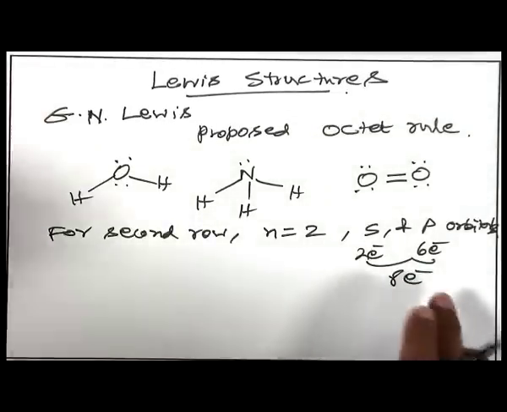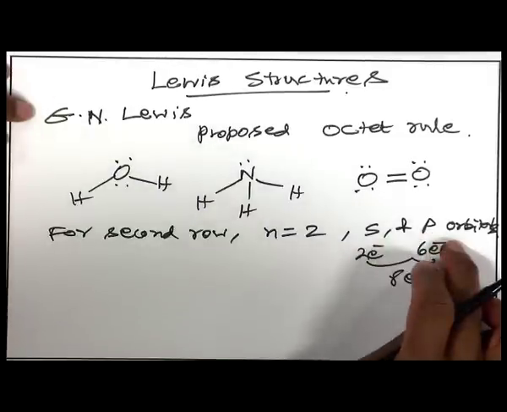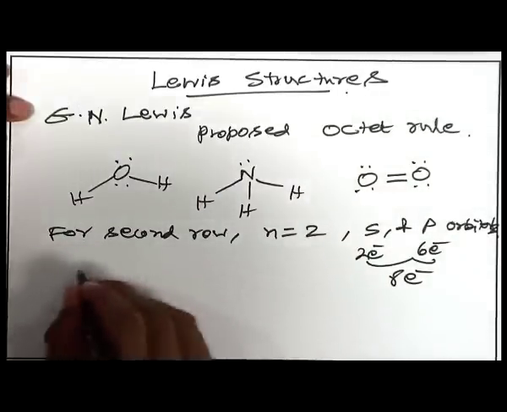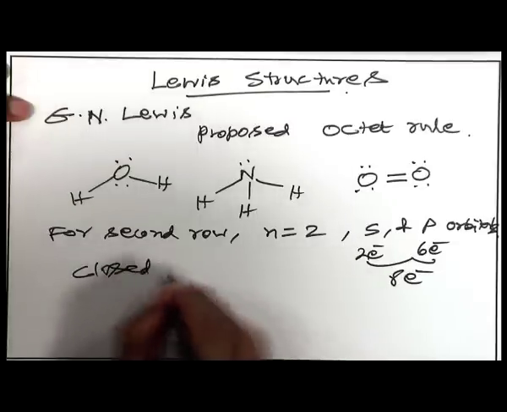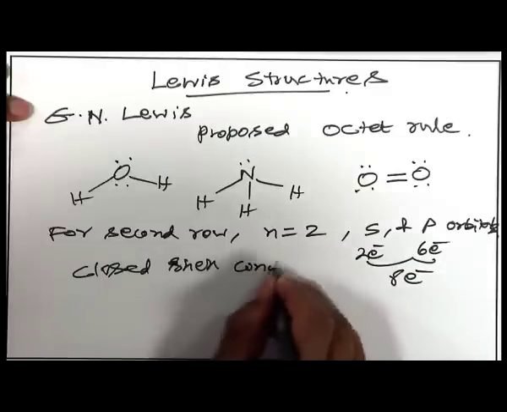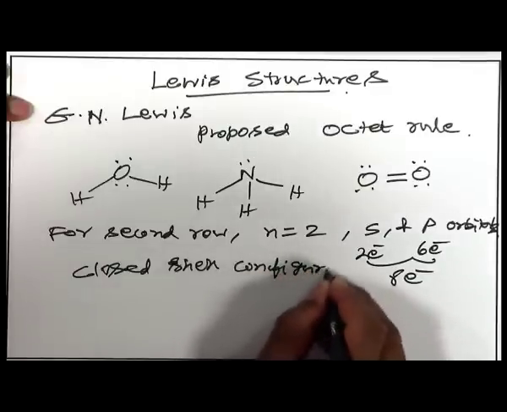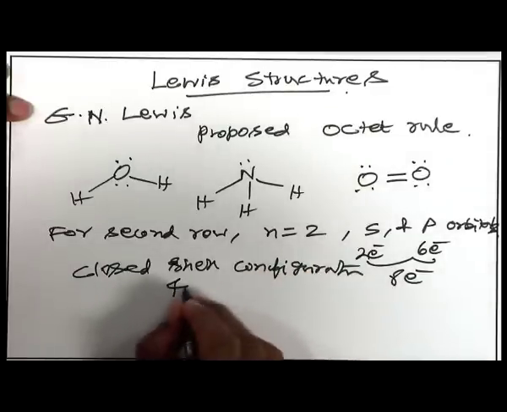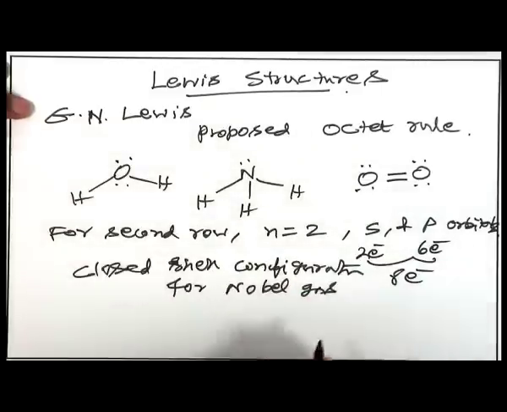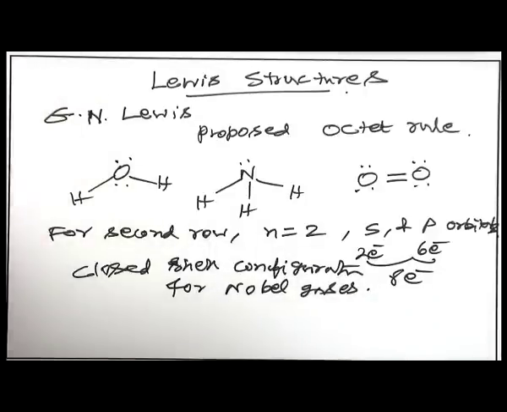Once these two subshells are filled up, you end up with a closed shell configuration, which is well known for noble gases, or inert gases.